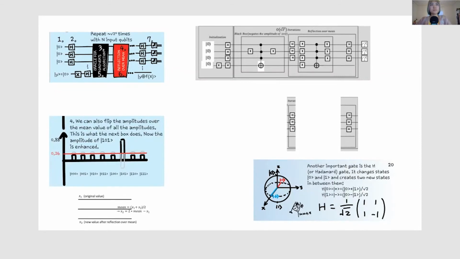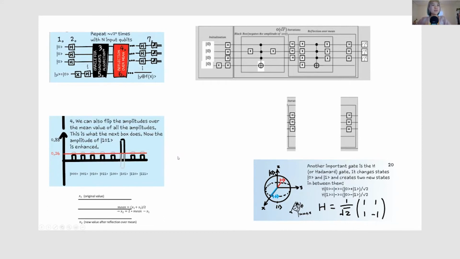And then the next bit is even funnier: not only do you have this box with all these X gates, you also have some H gates on both sides. And what does this do? Having H gates on both sides will actually allow you to flip all of the amplitudes over the mean value of all of the amplitudes.